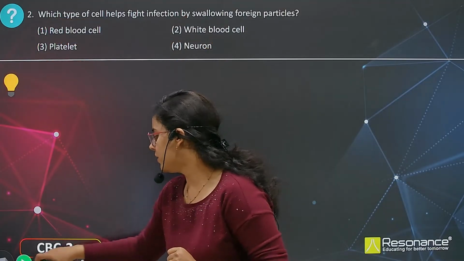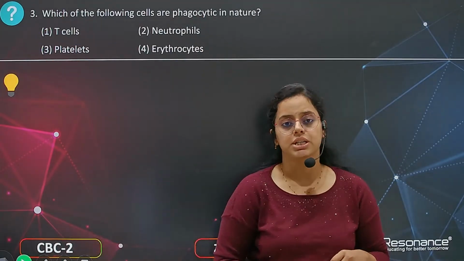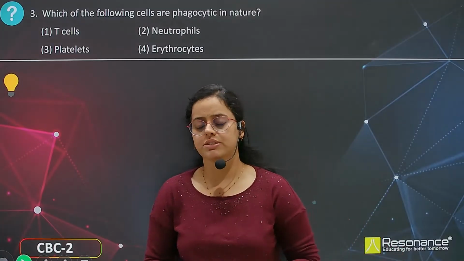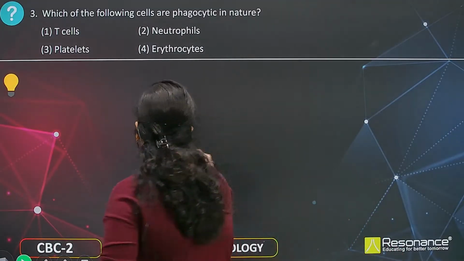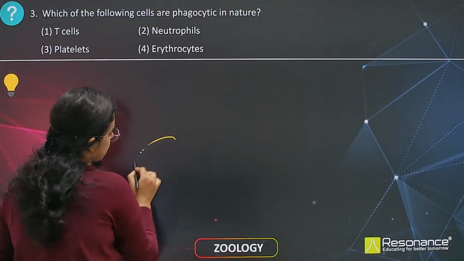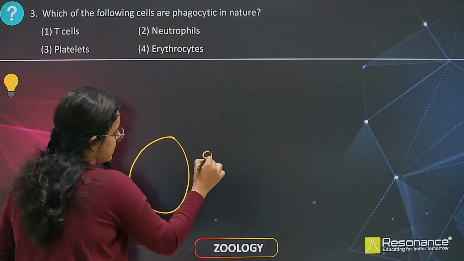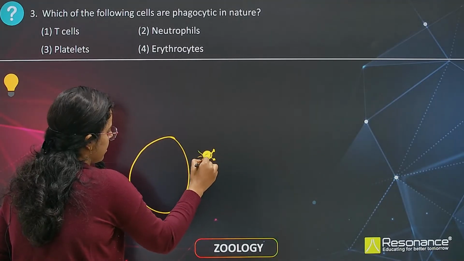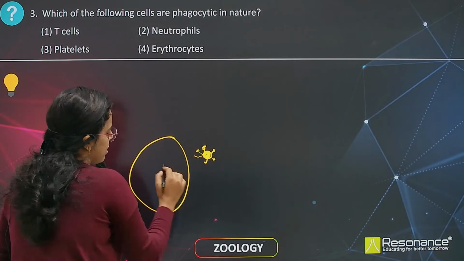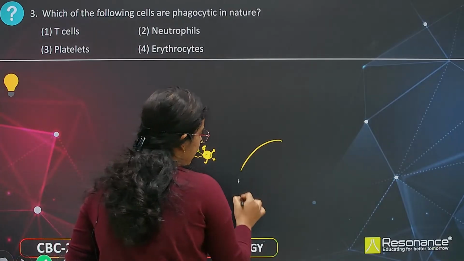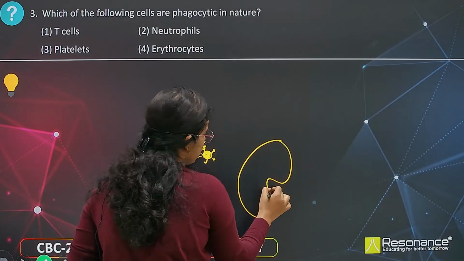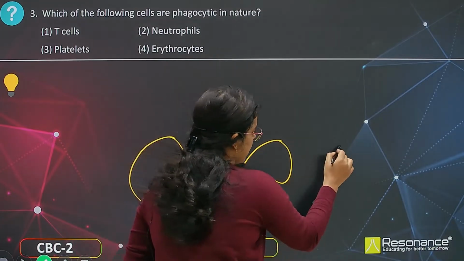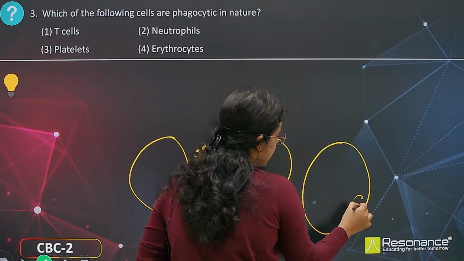Okay, now moving to the next question, question number 3. Which of the following cells are phagocytic in nature? Just now we discussed phagocytosis, which means if this is a cell and this is a viral particle that is present, the cell engulfs the viral particle by forming pseudopodia, and slowly it is engulfed.